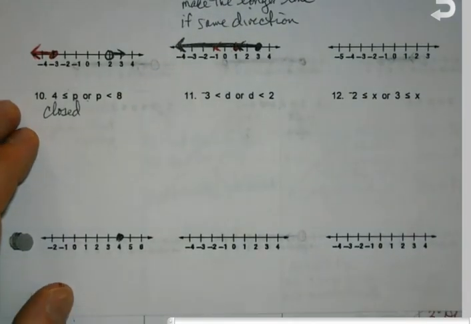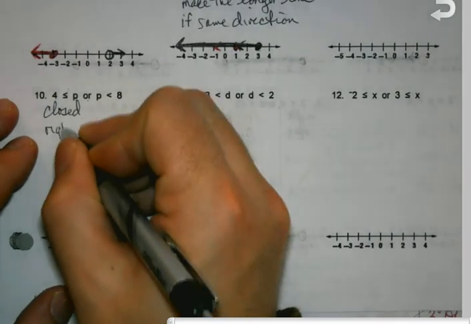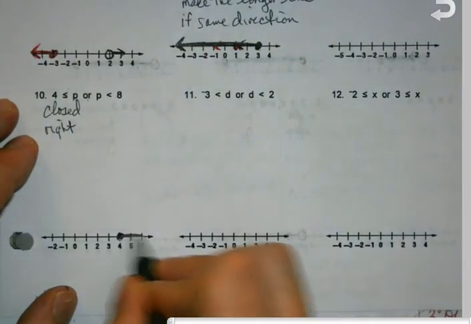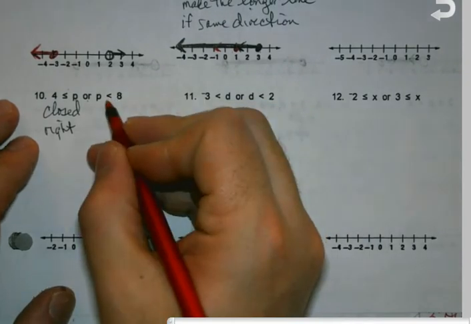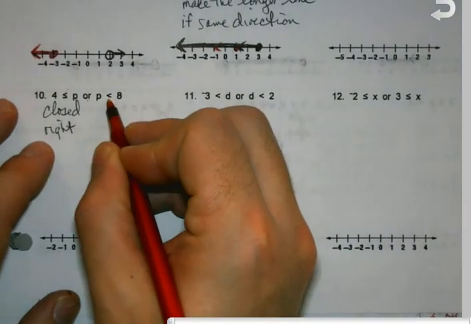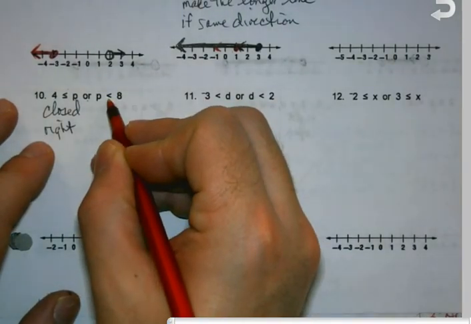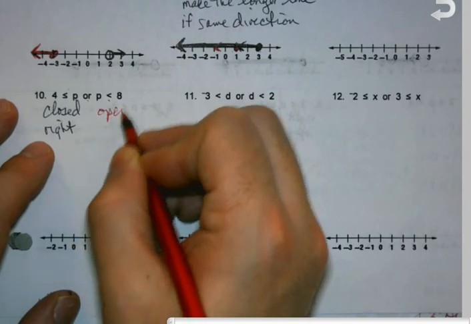And left or right if it's greater than? Right. Closed, to the right. And then for my other one, open or closed? Open, because it's just less than.